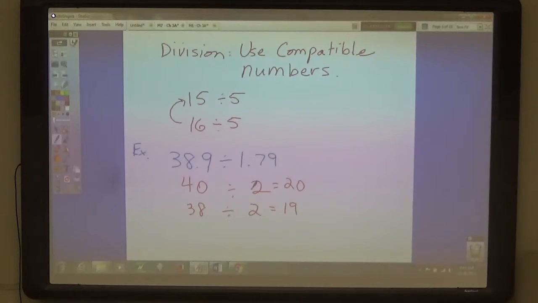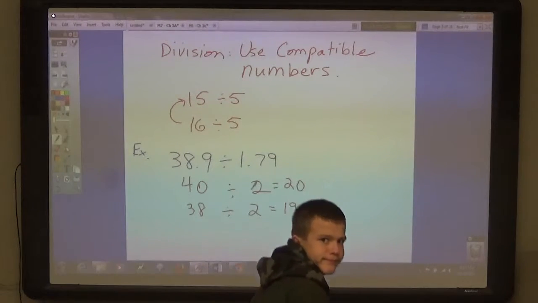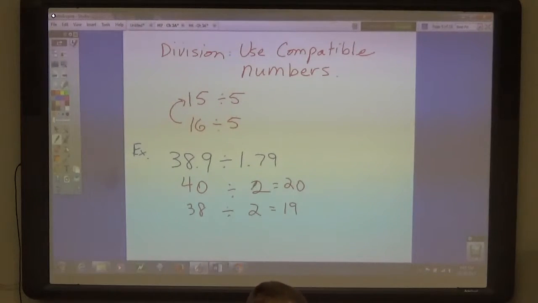Where you'll get mixed up with these is if you have the decimal point in the wrong place. So instead of having 2, you have 20 as your answer. Okay? If you have 20 as your answer, then you probably have the decimal point wrong. You'll pay $20 instead of 2.